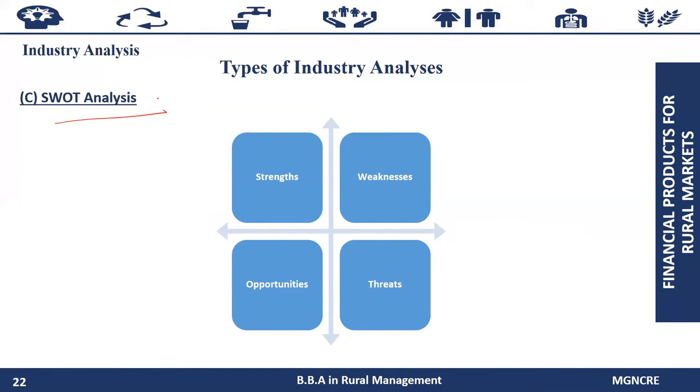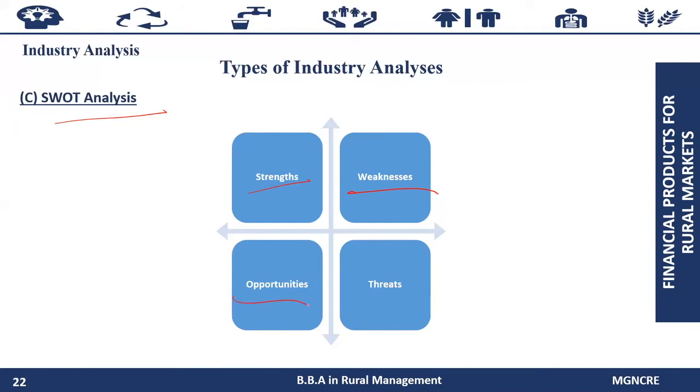So in this, these are the four boxes which emphasize strengths. So strengths represent the characteristics of business which give it some advantage over the competitors. Then weaknesses represent the characteristics of business which give some disadvantage relative to the competitors.